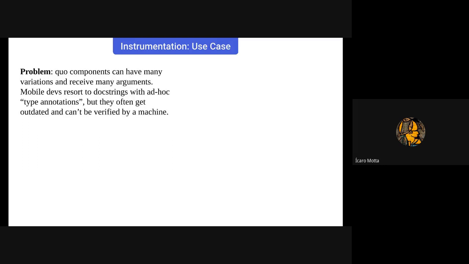So let's go to a more practical example. Let's say quote components can have many variations and receive many arguments. And mobile devs resort to writing doc strings with type annotations, but they often get outdated and can't be verified by a machine.